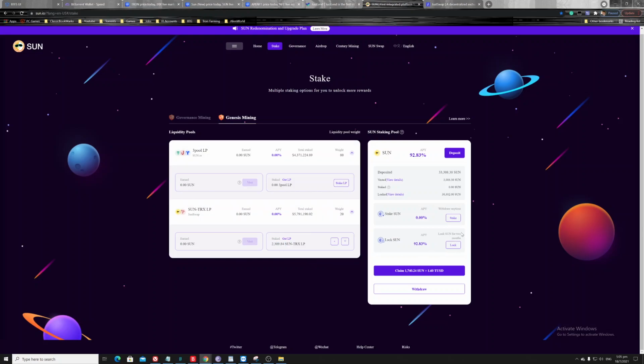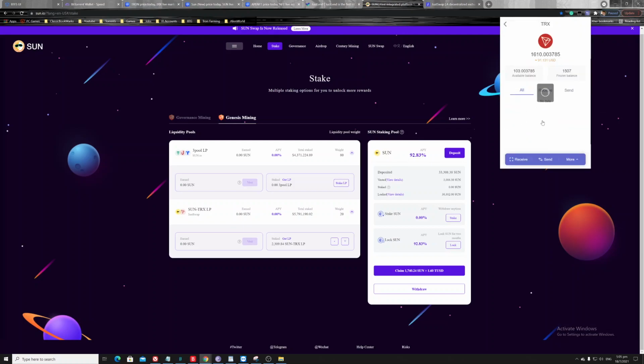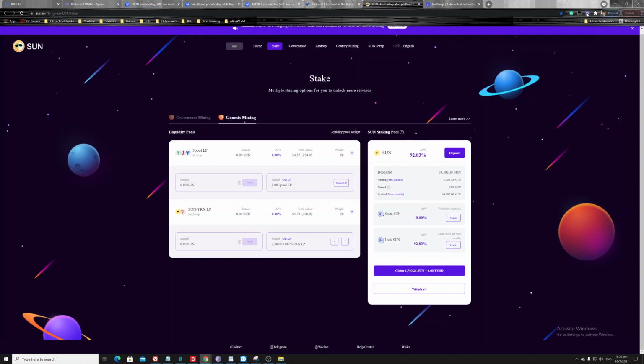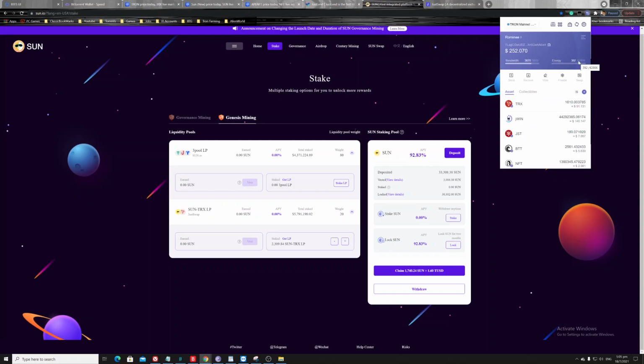Before you do this, make sure you have enough energy and bandwidth. If not, make sure you have the TRX token in your wallet. I failed in my previous attempt because I realized I didn't have enough energy for that transaction.